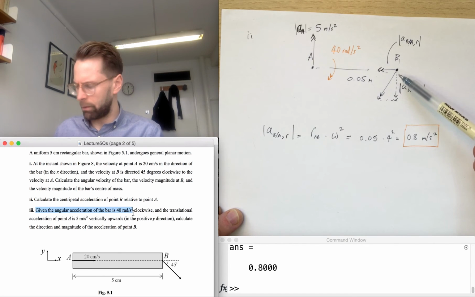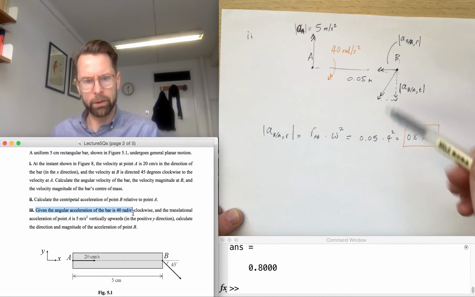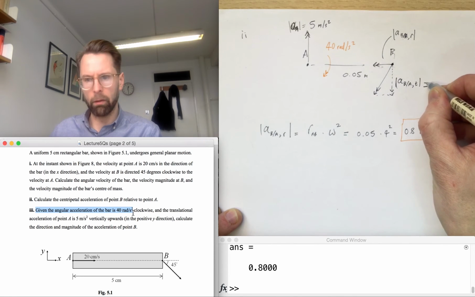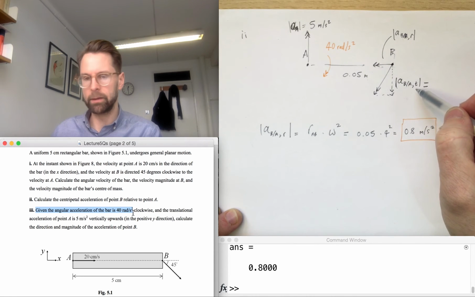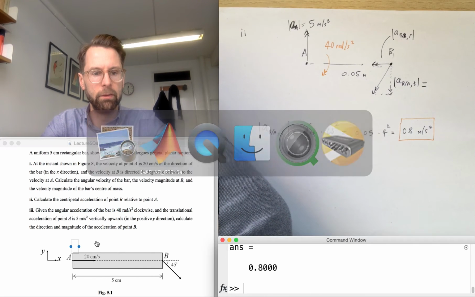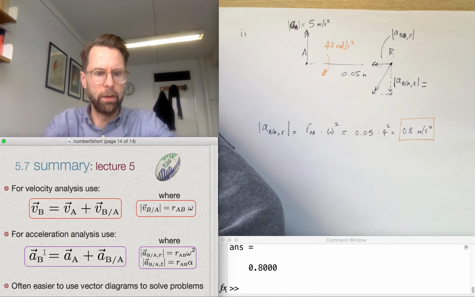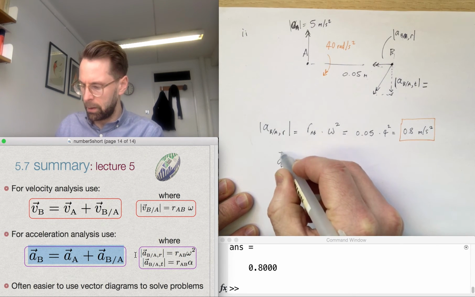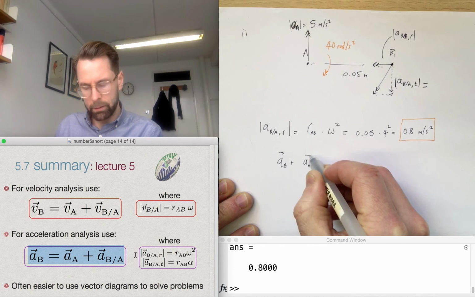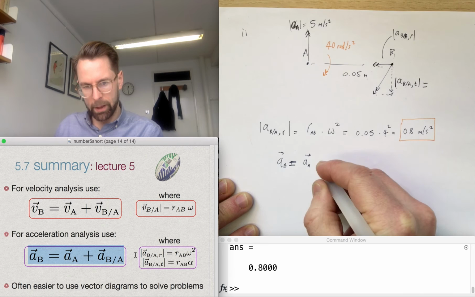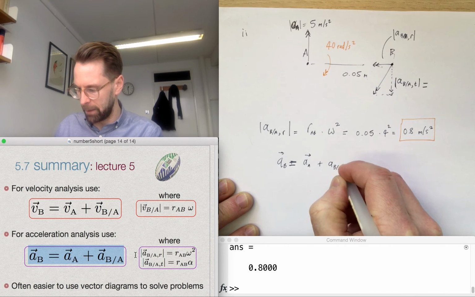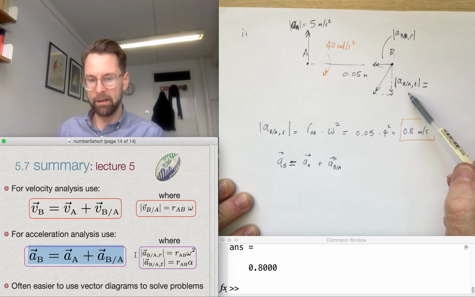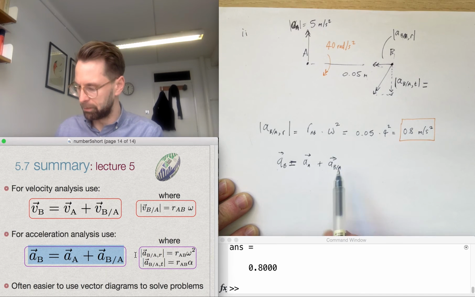So there are a number of things for us to calculate, but first of all, it's worth calculating the tangential component of the acceleration of B relative to A, because we are going to eventually use this expression here. So let's write that down now. The acceleration of B equals the acceleration of A plus the acceleration of B relative to A. So we're going to need all the components of the acceleration of B relative to A in order to evaluate this equation.